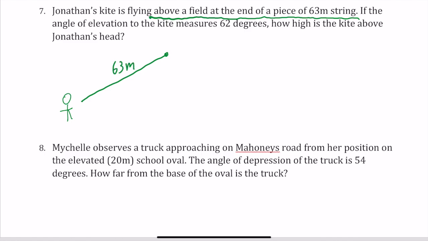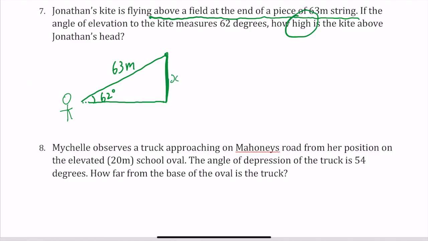And now this is the horizontal, and the measure is 62 degrees. Now the question is the height, which means you are going to figure out this side called the height. So I let height equal x.